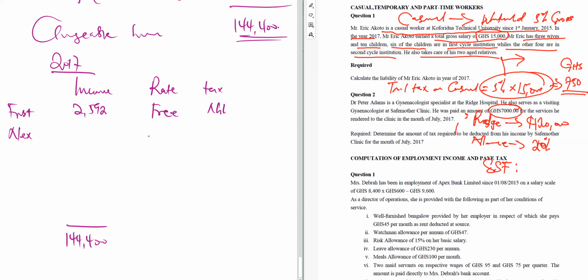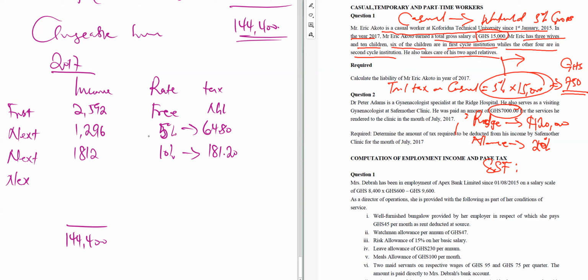The next 1,296 is taxed at 5%, okay? So that gives us 64 cedis 80 pesewas. The next 1,812 will be taxed at 10%, which is 181.20.